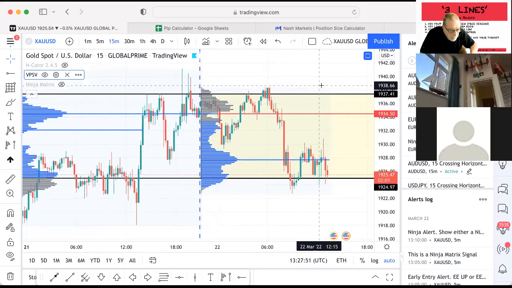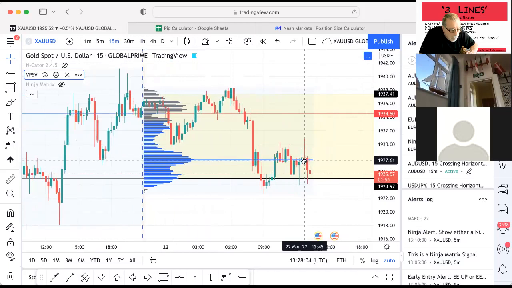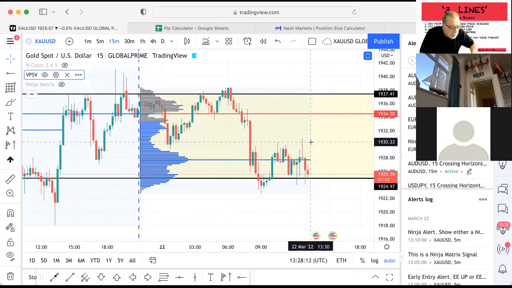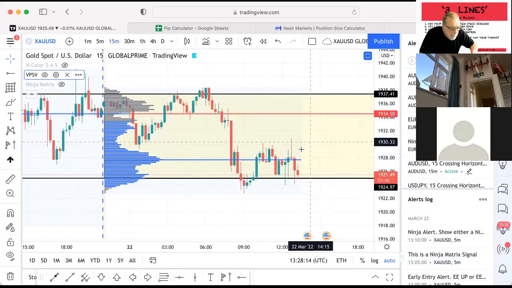So the 12:30 candle didn't cause that much of a disruption. If we look closely, there was a sort of weak down and then a big wick up on the next candle, but it wasn't as significant as it has been on other days. And then it settled down and went back down to this.